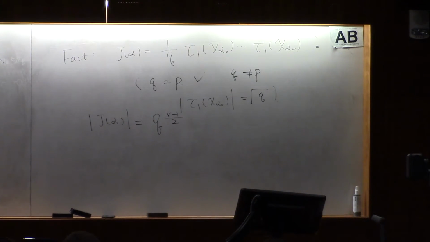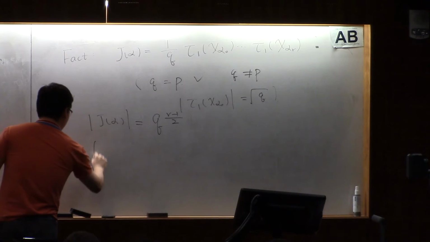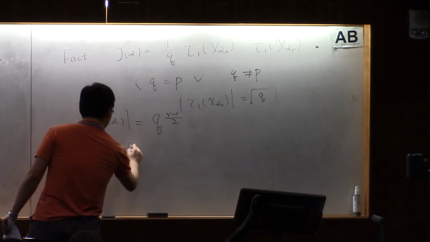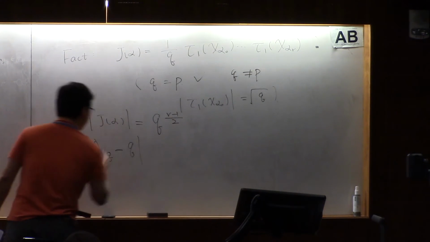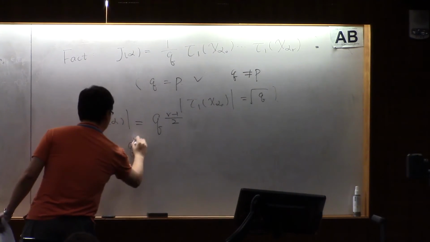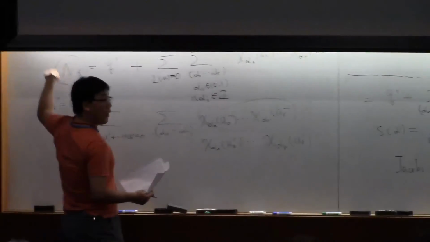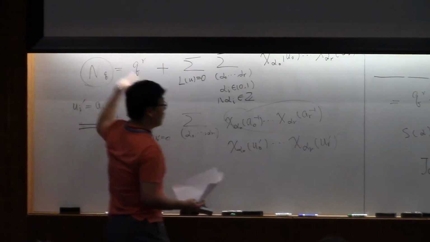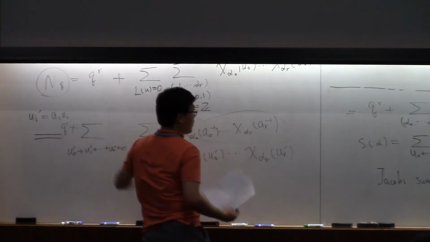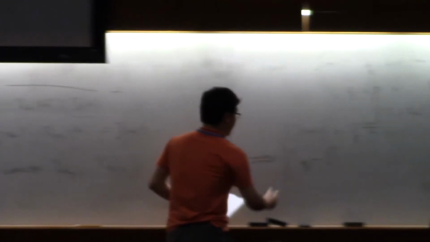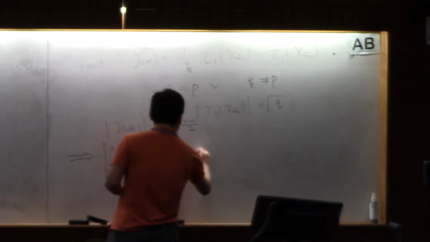In other words, if I take the difference between the number of solutions of the homogeneous equation and this constant q to the r, it is bounded by some m.